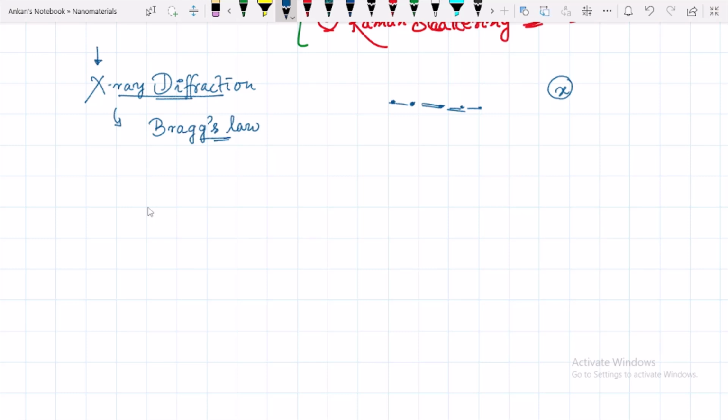But the diffracting element was not available at that time. So scientists were very curious about the diffracting element for X-rays to cause diffraction. So Laue suggested that the crystal planes can be considered the diffraction element for X-rays, and it was successful. Laue was successful in getting some diffraction points, which was later called the Laue diffraction pattern.